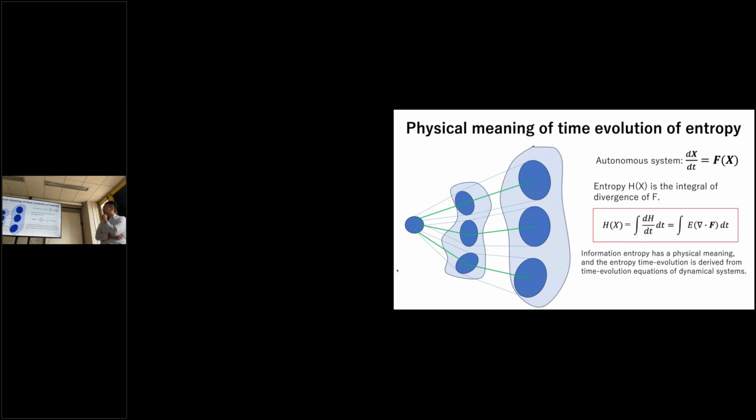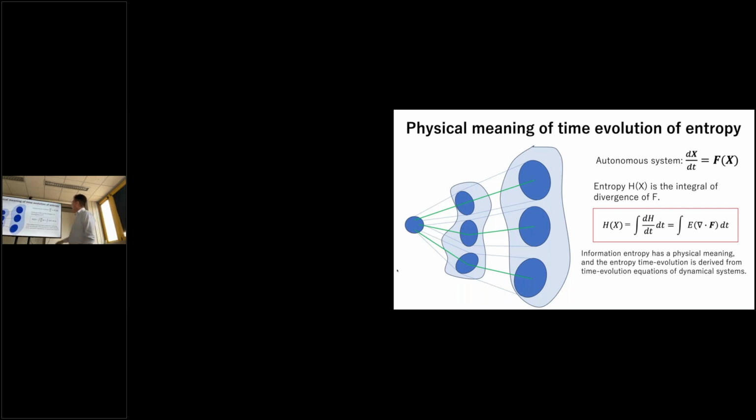This slide reminds you about the entropy. In this talk, I will use a kind of information theory, and this is a slide I showed last week. If we have an autonomous dynamical system described like this, x is the state vector of variables, and f is a function of the time evolution of x.